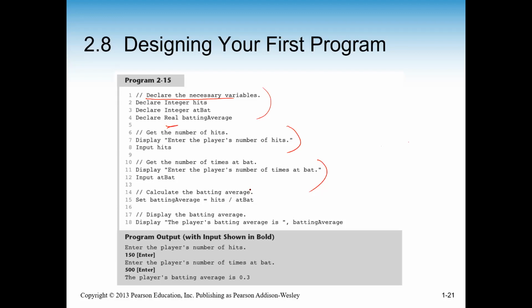Then we perform the process: set batting average to hits divided by at bat, and finally we print out the result. And this would look like this. You can always write this out on a console, terminal, or Jupyter Notebook, and you're going to get your result there. You enter 150, 500, and then it's going to give you that batting average result. Okay? Are there any questions at this time?